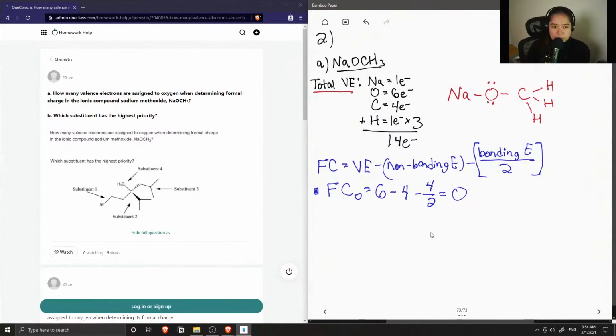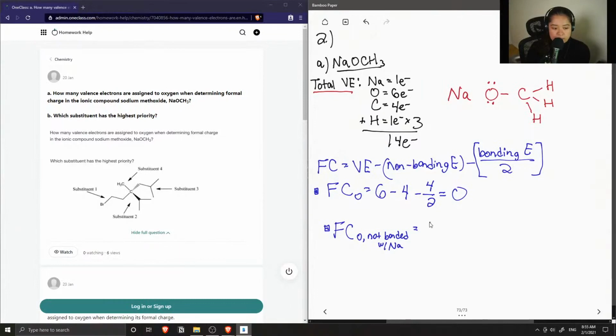So this is the formal charge when it was ionic bonding with the sodium. But a more accurate depiction would be to separate the ions for now. And let's calculate the formal charge when oxygen is not bonded with the sodium.